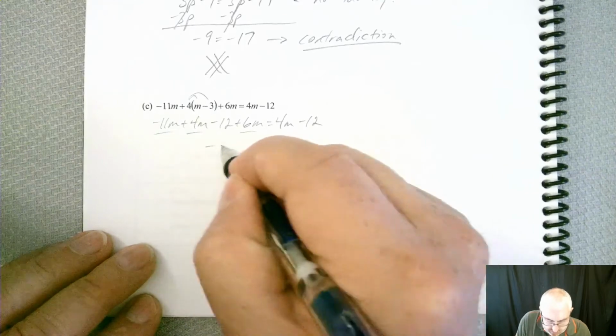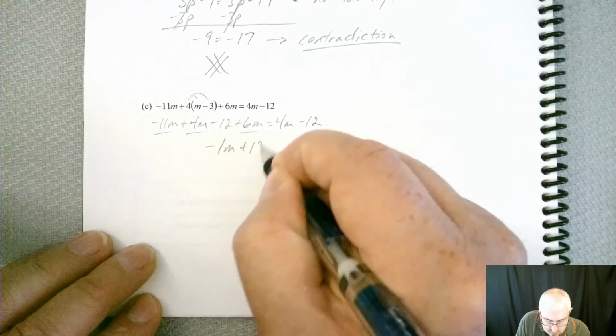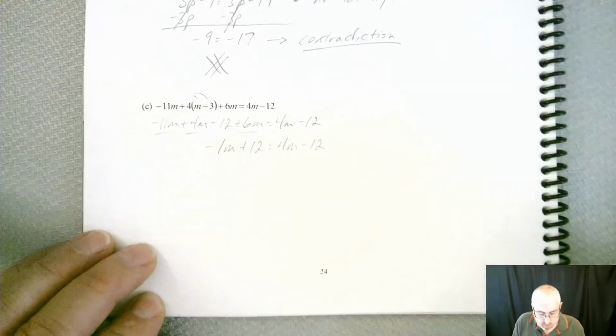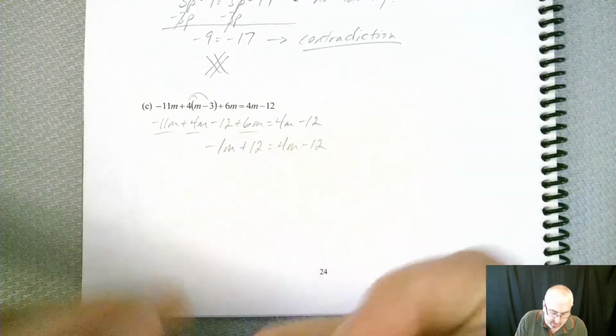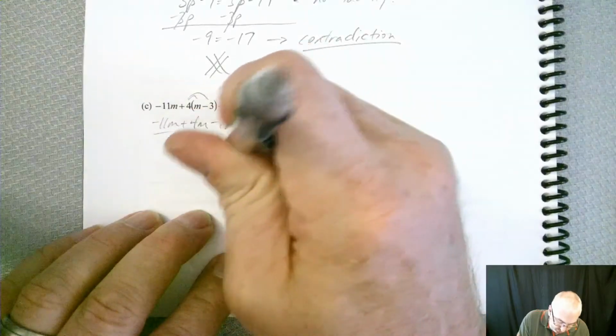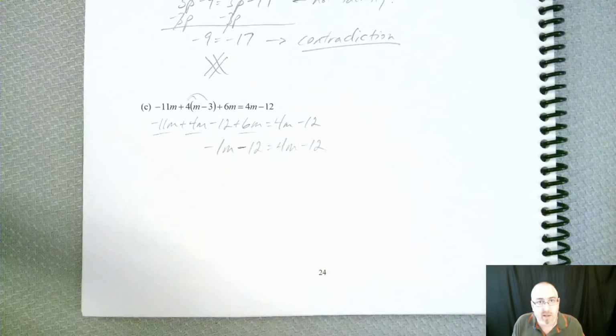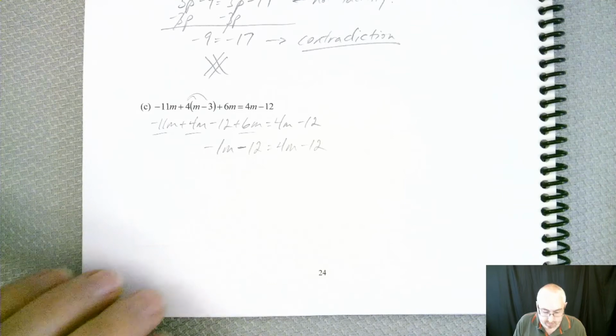Well, hopefully that's a negative 1m. And I already made a mistake. It's not plus 12 over here, it's minus 12, right? So be careful. It's easy to make little mistakes like that. The big thing is the follow through. As much as it's easy to make those mistakes, if you're showing your work along the way, I can give partial credit for that. It's when you don't show any work that kind of ties my hands. So definitely show your steps.